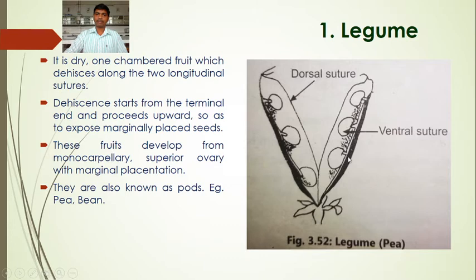These fruits develop from a monocarpellary superior ovary with marginal placentation. They are also known as pods, for example pea, beans.